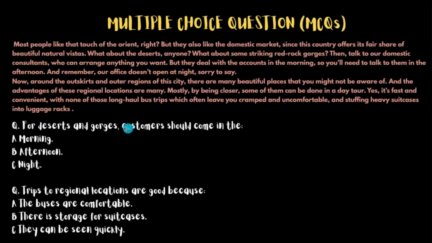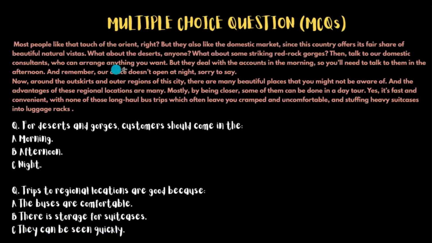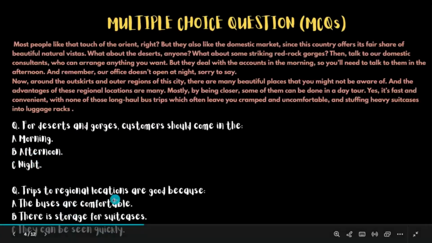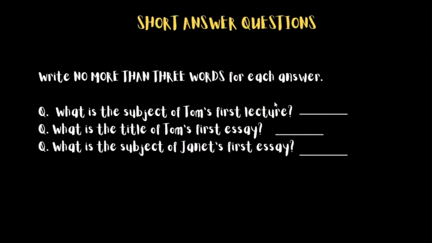That means they deal with accounts in the morning when customers cannot come. So morning should be crossed out. So they cannot do anything in the morning. So you will need to talk to them in the afternoon. Similarly, we could solve the other MCQs as well.